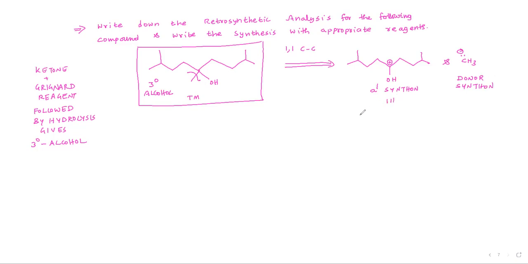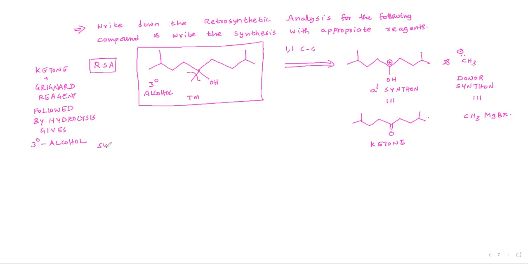Now, the synthetic equivalent for this is this. That's it. So this is the ketone, a symmetrical ketone. And then the synthetic equivalent for this CH3 minus is CH3MgBr. So this synthesis is very easy. This is your retrosynthetic analysis, RSA.